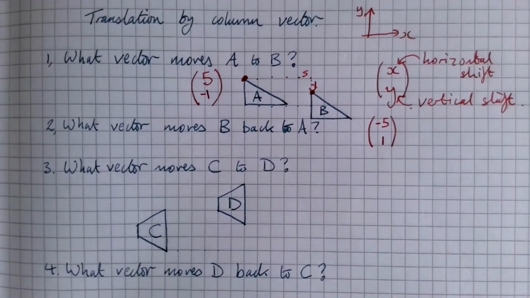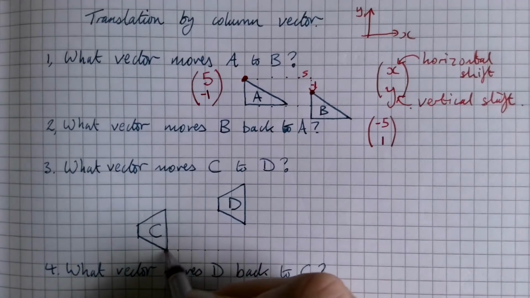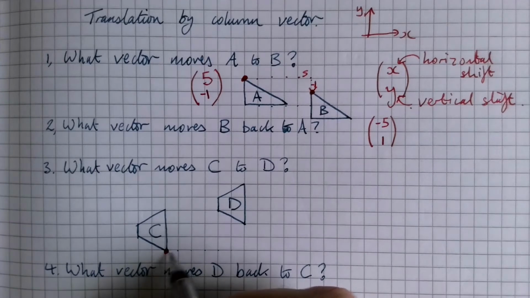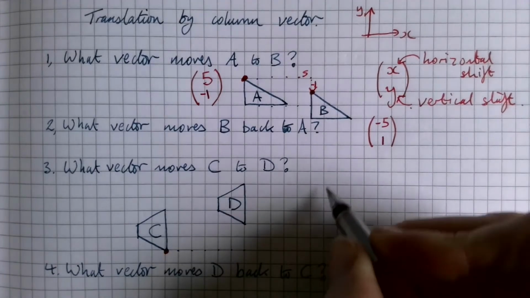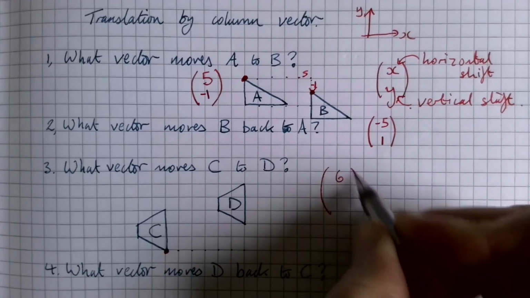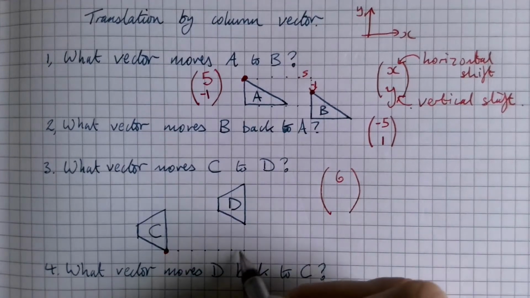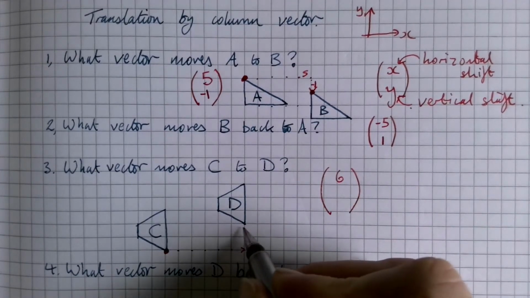Right, so if that was all news to you, you might want to pause it before doing C to D, or if you've already done it, just let it roll on. So I'm going to pick a point. I'm going to make it this one. This time looks easy. From here, 1, 2, 3, 4, 5, 6. So that means it's going to be 6 for my right shift, and then up 2.